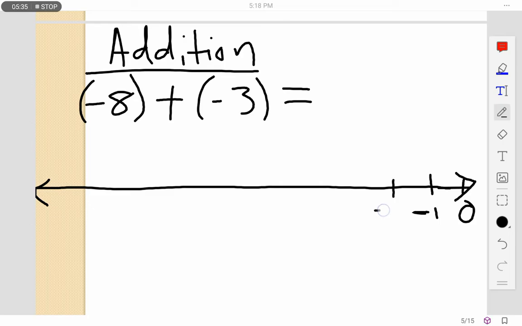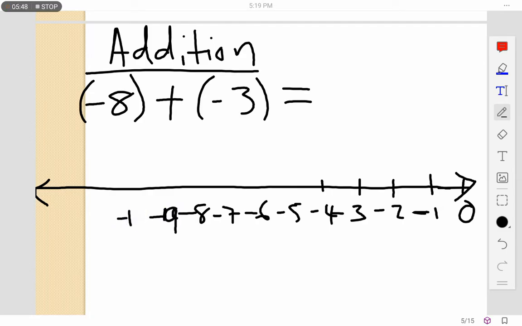Minus 1, minus 2, minus 3, minus 4, minus 5, minus 6, minus 7, minus 8, minus 9, minus 10, minus 11, minus 12. So these are the points that I have on my number line.